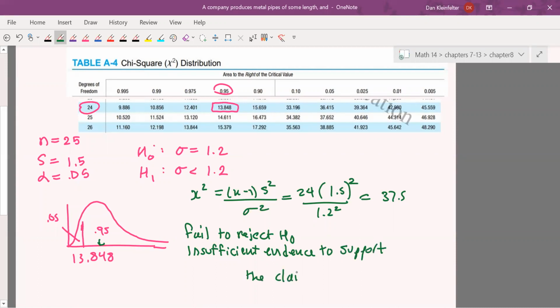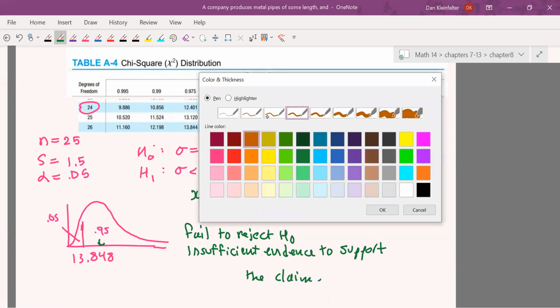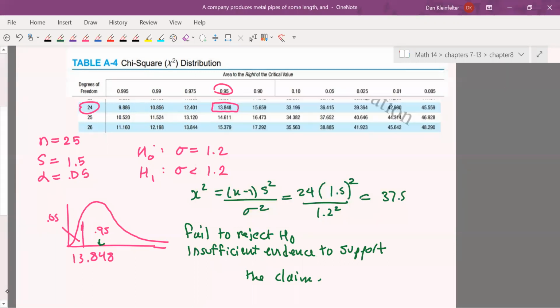All right, so once again, it would be fun to think about what the p-value for this would be. So let's take a try at that. For this one, our test statistic was 37.5. So taking a look in our row for 24 degrees of freedom, we want to see where 37.5 would have fallen.